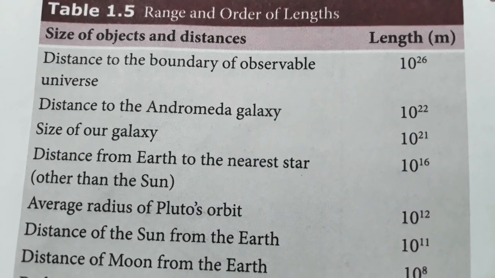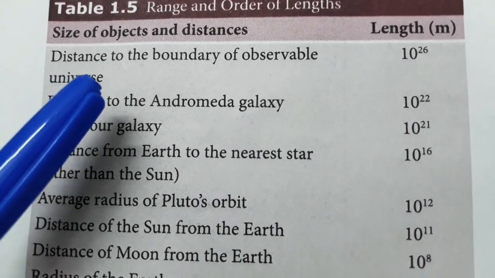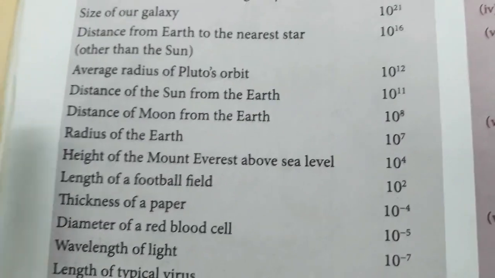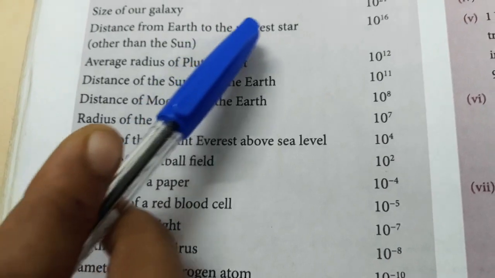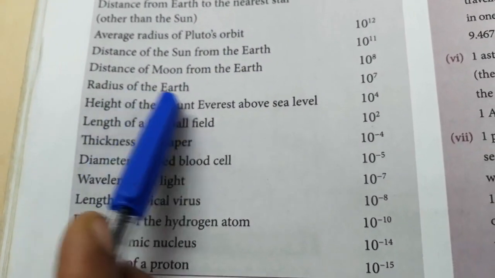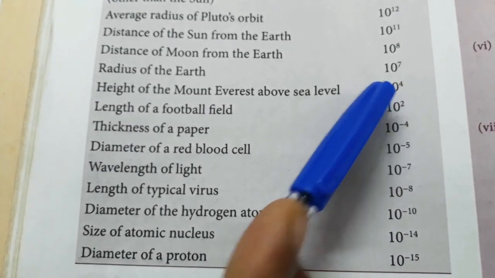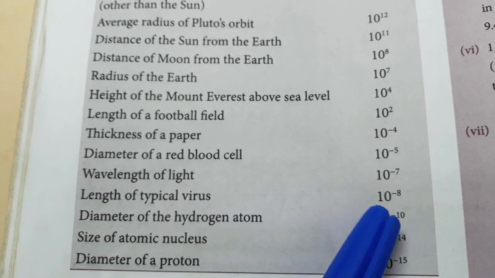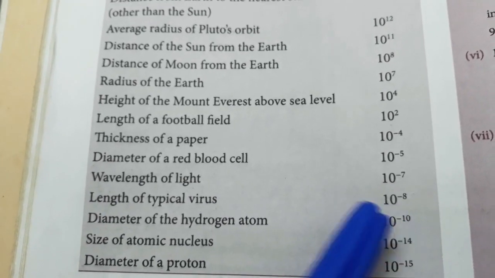In your book, range and orders of length is given. For example, size of our galaxy, 10 power 21 meter. Radius of the earth, 10 power 7 meter. Length of a typical virus, 10 power minus 8 meter.